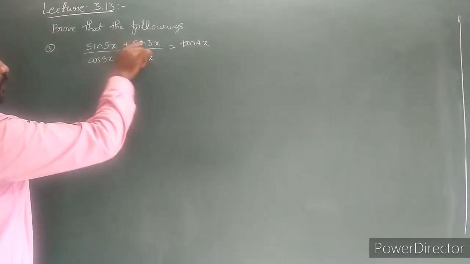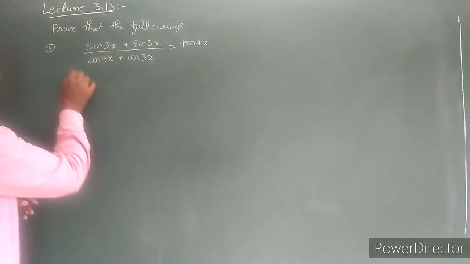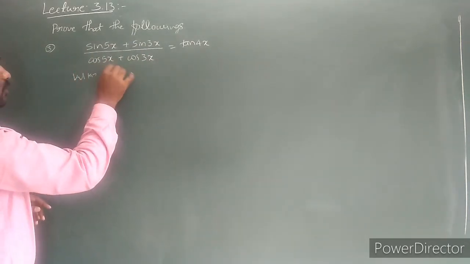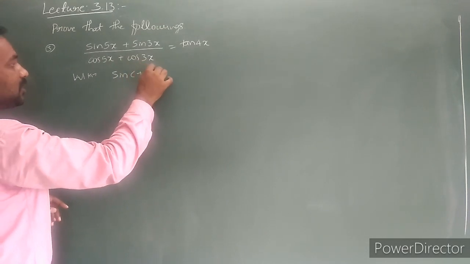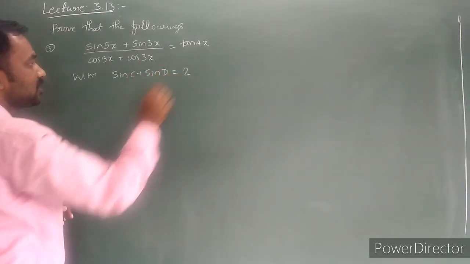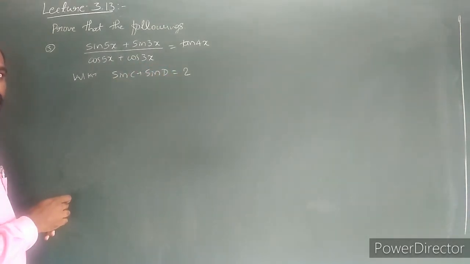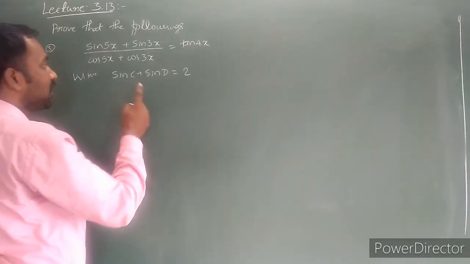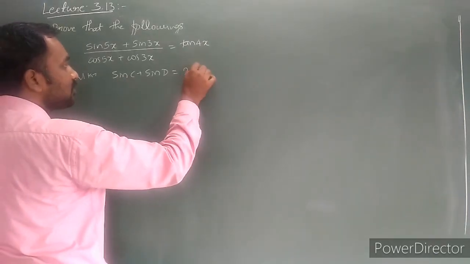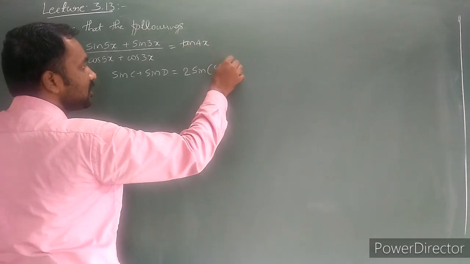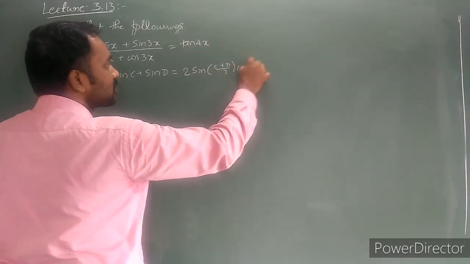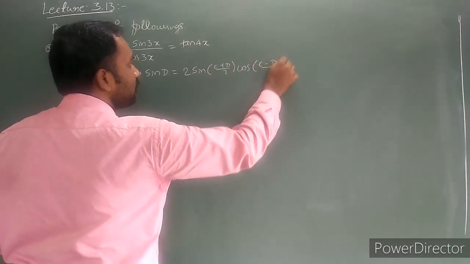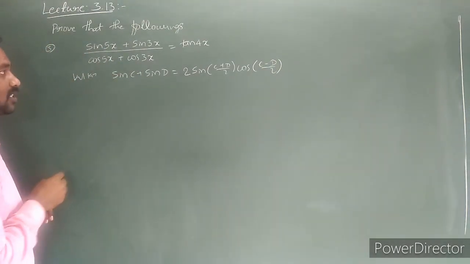So sin 5x plus sin 3x, the same angle, is the numerator. It is of the form sin c plus sin d. We know that. What is the formula for sin c plus sin d? Whenever sin is there, both ratios will come. Here positive is there, so first of all sin of (c plus d) by 2 and cos of (c minus d) by 2. Denominator: cos c plus cos d.